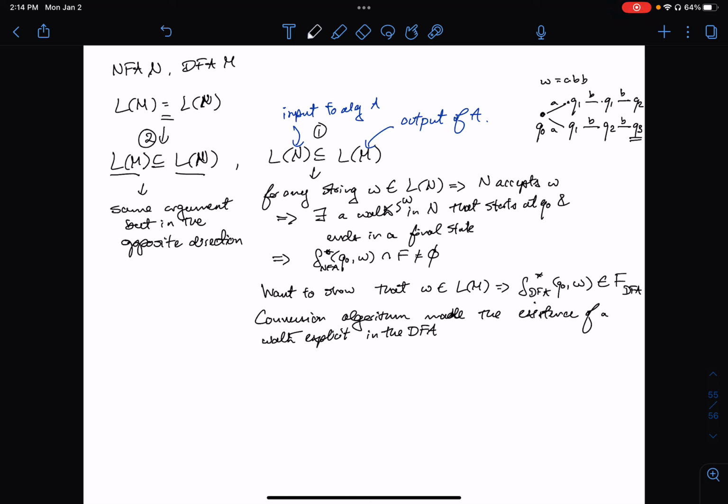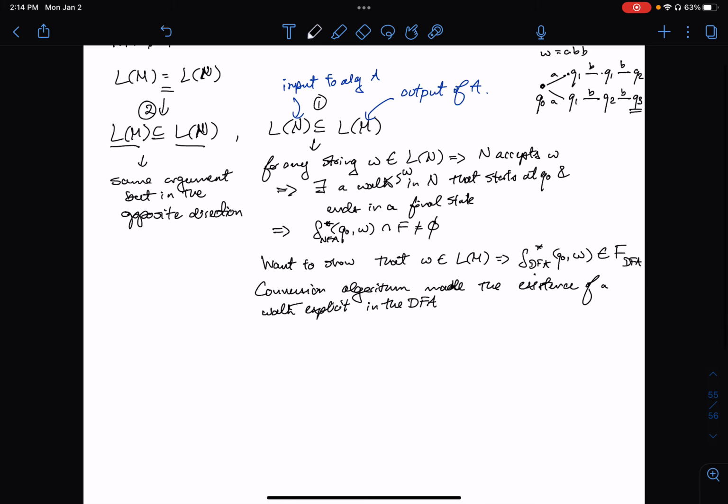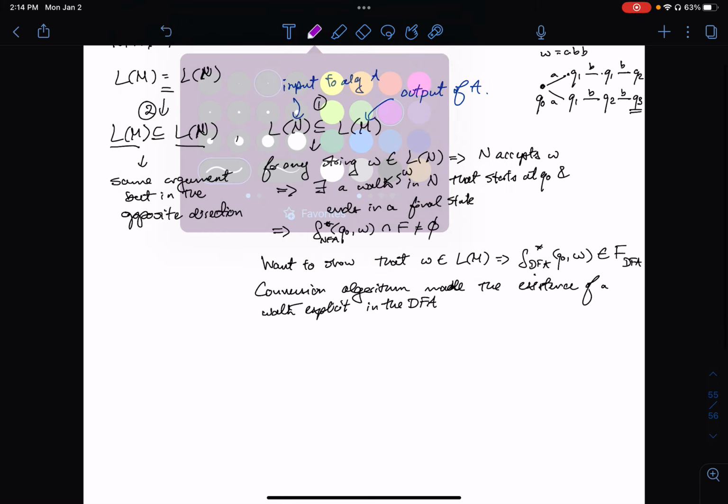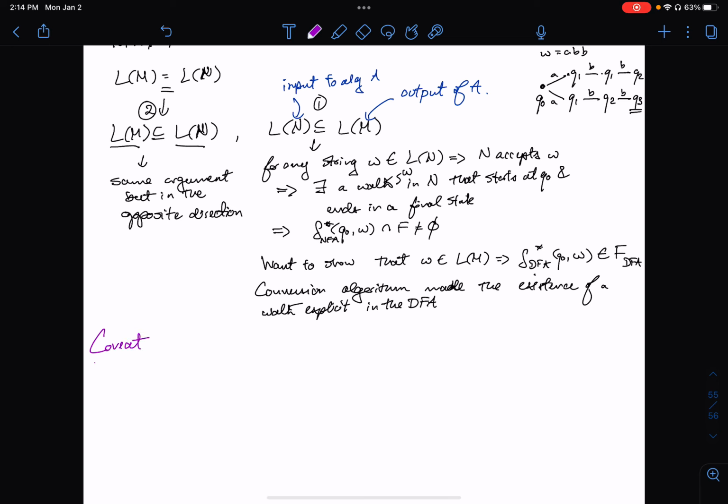So the only caveat you might be thinking of is with the empty string, right? So that's maybe the only caveat you might be seeing. Empty string, right? So you remember what I said was that if your NFA accepted the empty string and the initial state was not a final state in the DFA, you had to make this state a final state in the DFA, right?